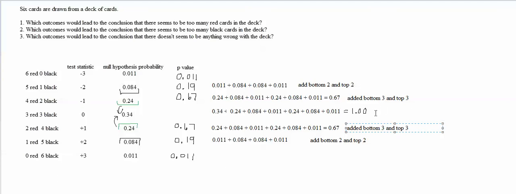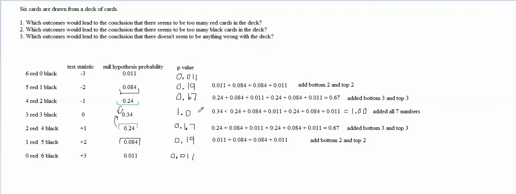And here we added all 7 numbers. So this one came out to 1, so our answer would just be 1 right here.